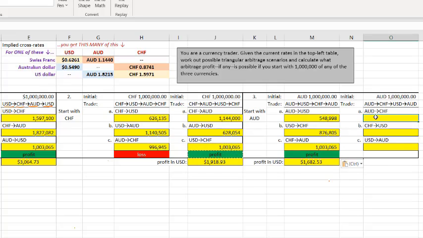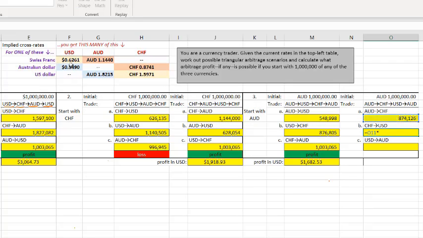Now you can probably guess what's going to happen over here. We're going to take the Australian dollars, go to Swiss francs, to US dollars, back to Australian. So take our million Aussie, convert them to Swiss. What is the Swiss franc price of Aussie dollars? H4. Now we've got 874,000 Swiss. Convert that to US.